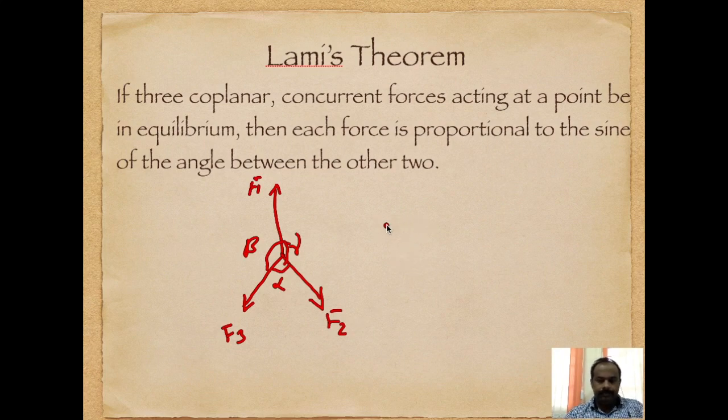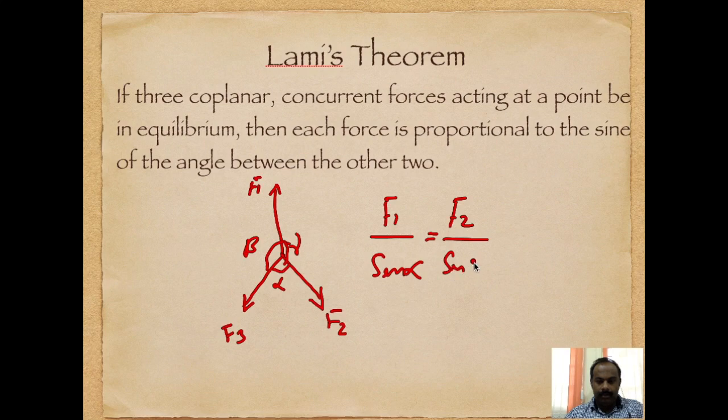So F1 divided by sine, and what is the opposite? We need to check the opposite angle. So this is your F1 and the angle between F3 and F2, which is alpha. So you have to write sine alpha is equal to F2 divided by sine beta, because for F2 the other two forces are F1 and F3 and the angle between them is beta.